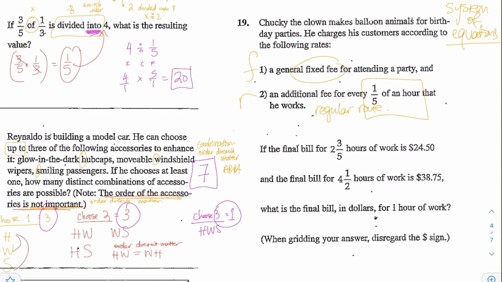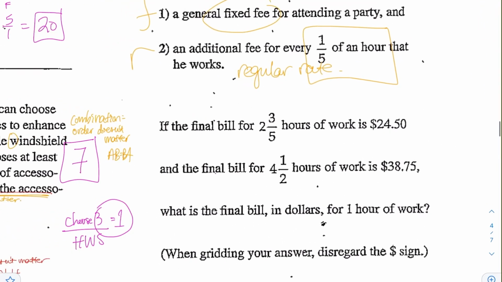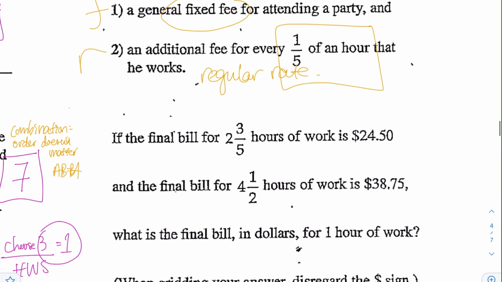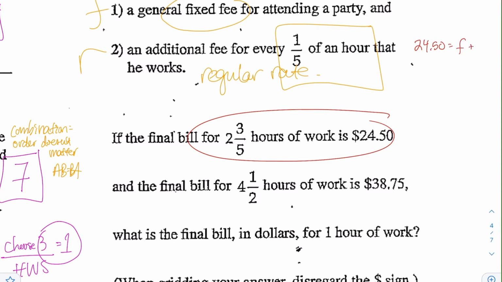So for the first equation, in terms of F and R, it's 24.50, the money he gets, is equal to his flat fee, which is F, plus, since he worked 2 3/5 hours, he gets his rate.